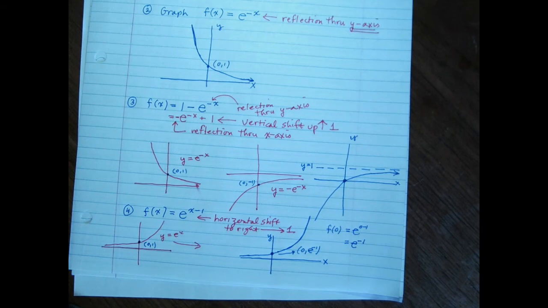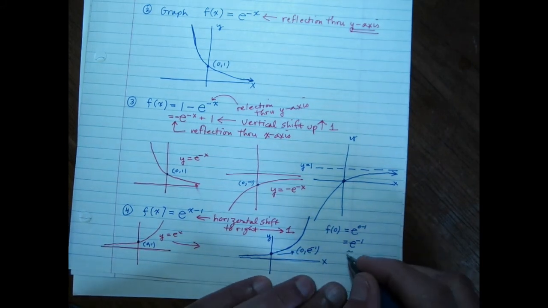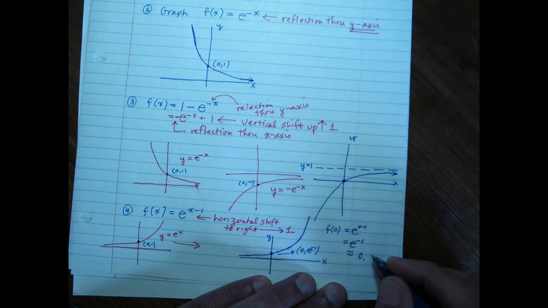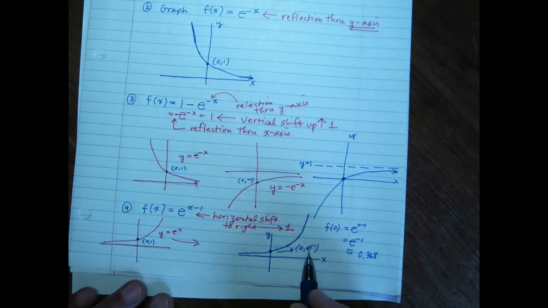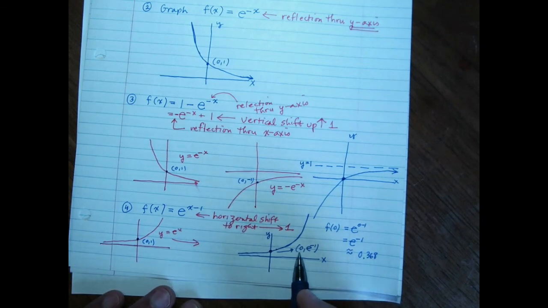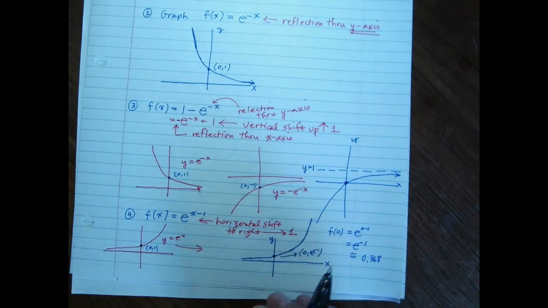What is e to the minus 1? E to the minus 1 is about 0.368. I just checked on my calculator. So that's actually got a decimal value. It's approximately 1 over 2.7. It's okay to label the graph either with the decimal or with the 0 comma e to the minus 1.